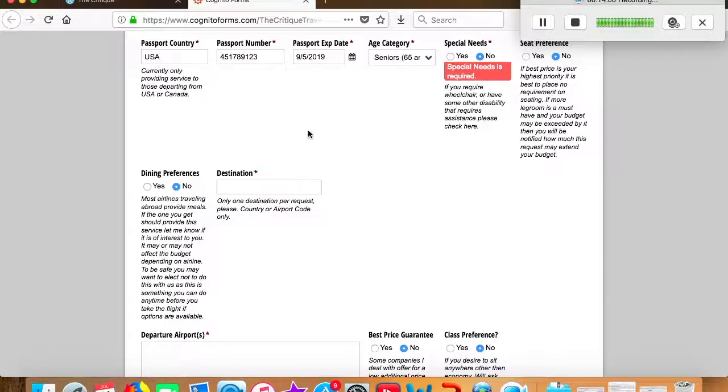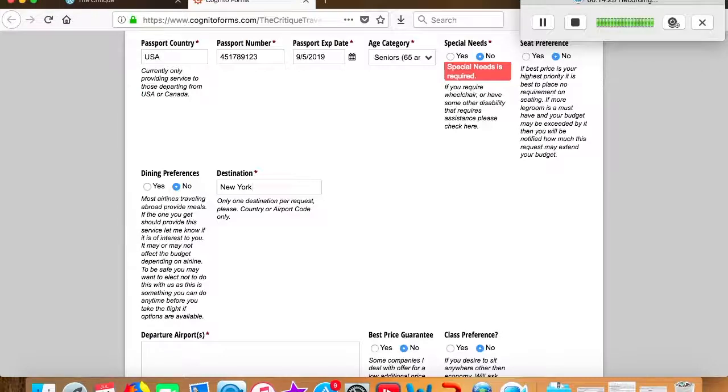So destination, I need you to be specific. In destination, if you're wanting to go to, let's say, LaGuardia, you can either put in your airport code, LGA, or if you put in New York, that's fine too. Because if you give me a state or city, even if it's multiple airports, I have the ability to look at multiple airports.